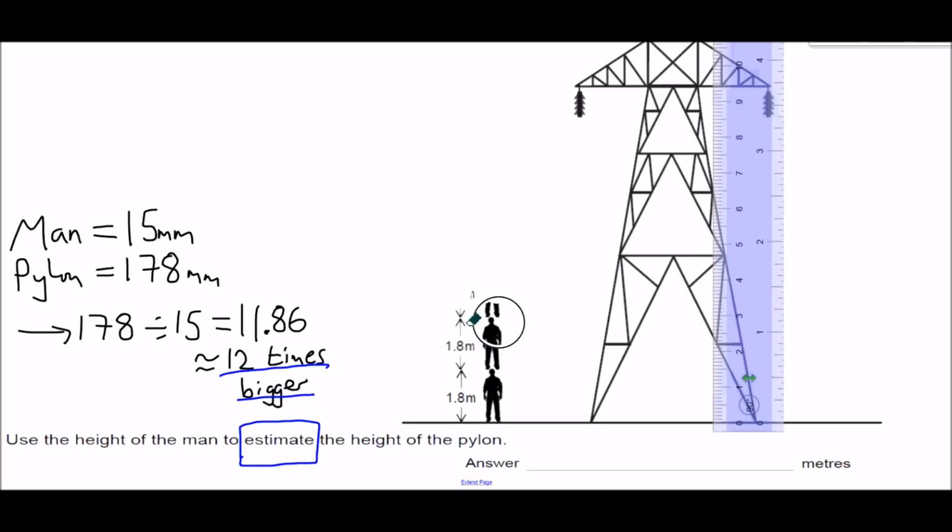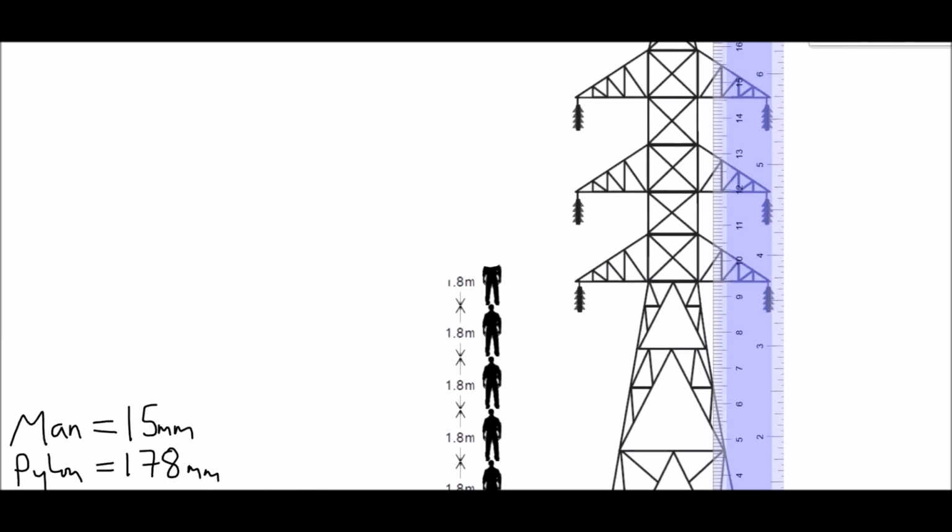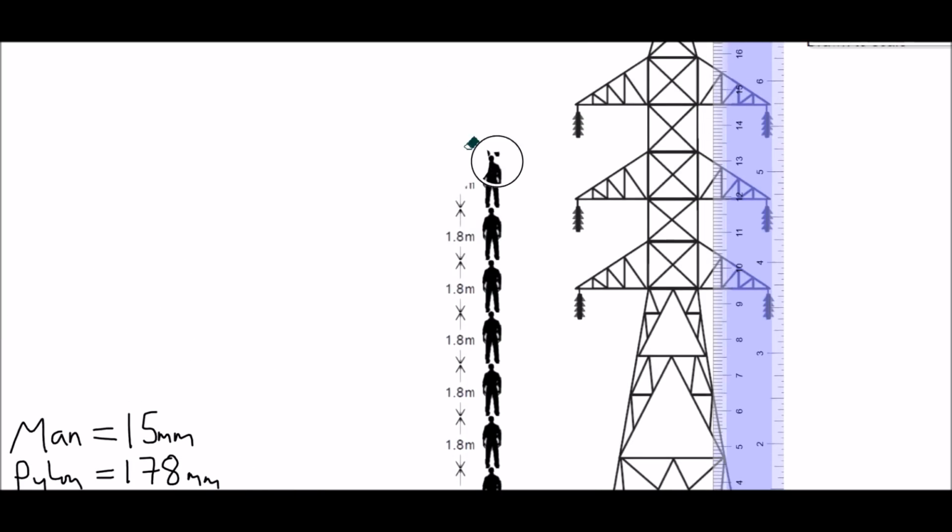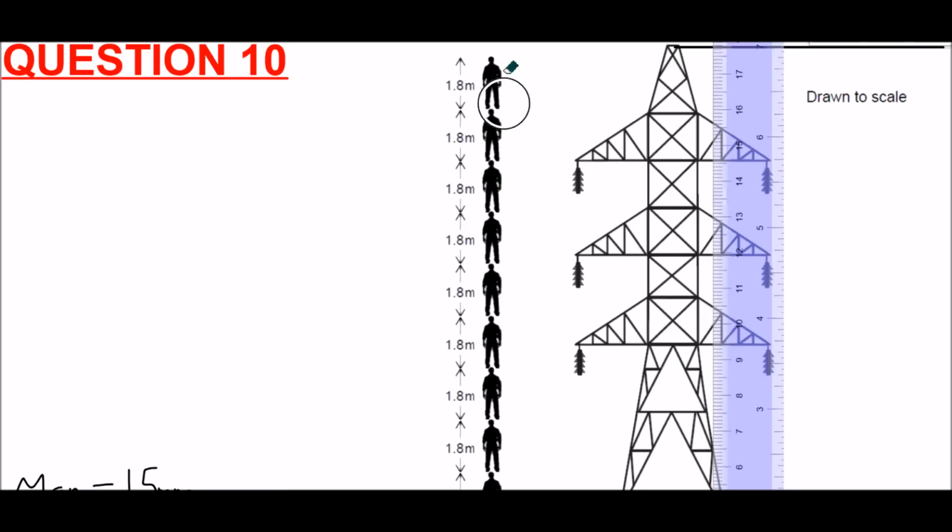If you imagine this was some sort of crazy circus, with him just stacked on top of himself in some sort of crazy cloning device. It'd have to stack up about 12 of himself to be as tall as the pylon.